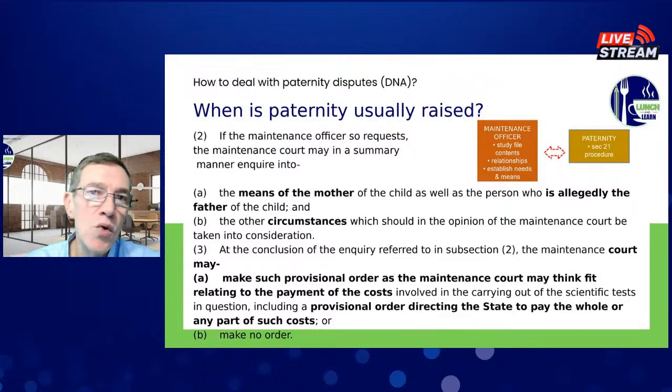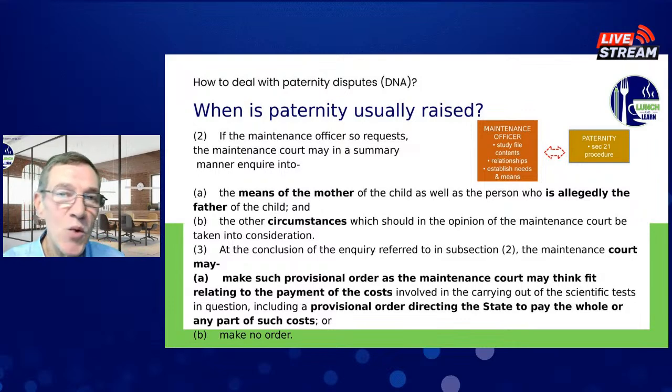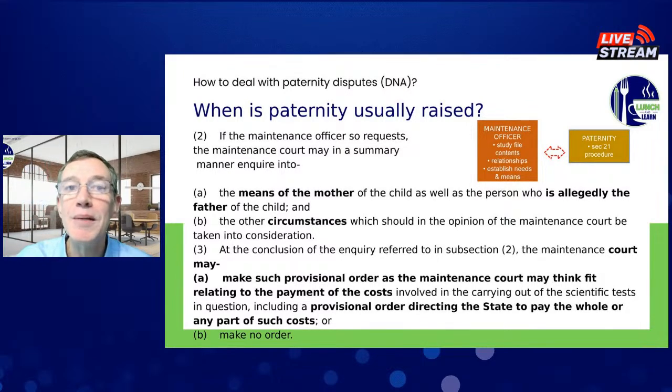It would be done in court, and the court would investigate the means of the mother, her income, her expenditure, as well as the alleged father. They would look at his income and his expenses, as well as the circumstances. And the court at that stage would investigate, what has the father been contributing previously for maintenance? Has he made any contributions?